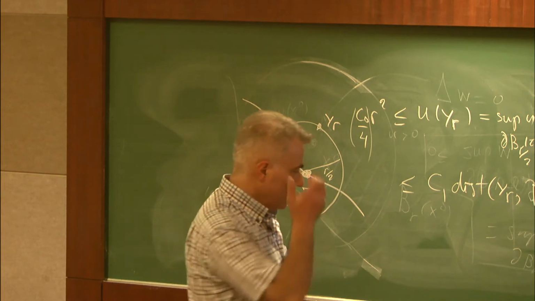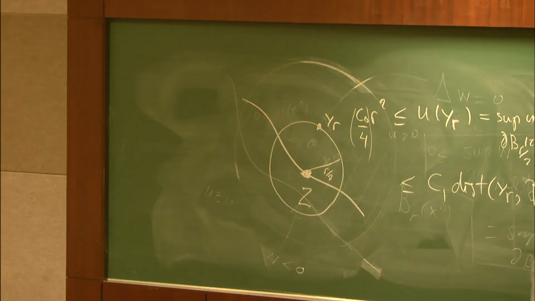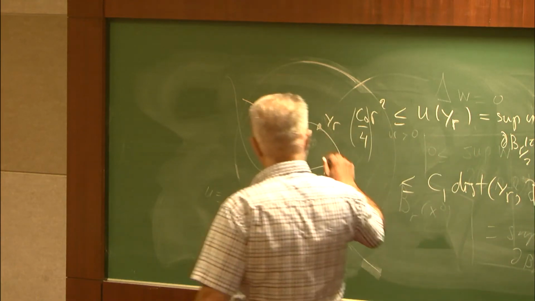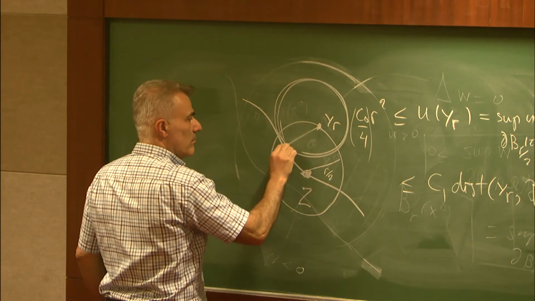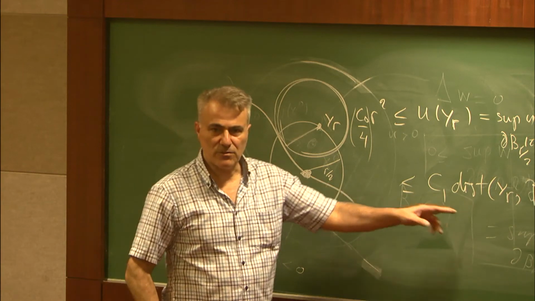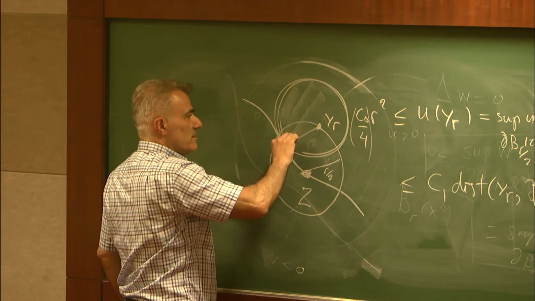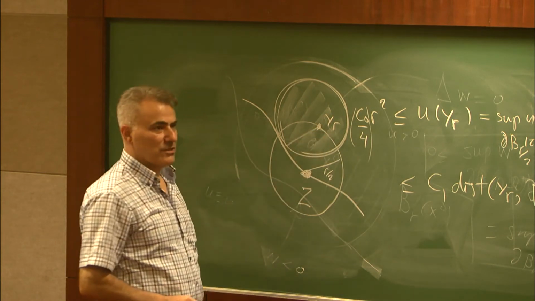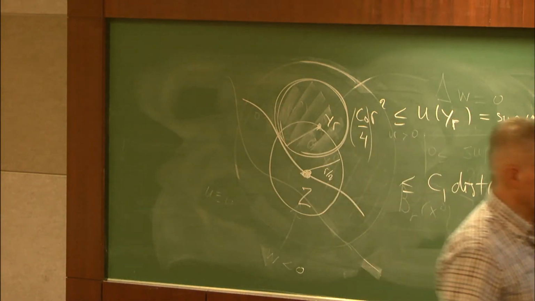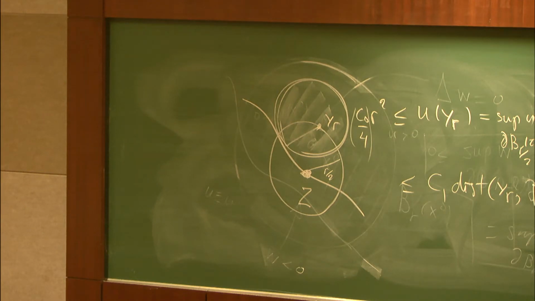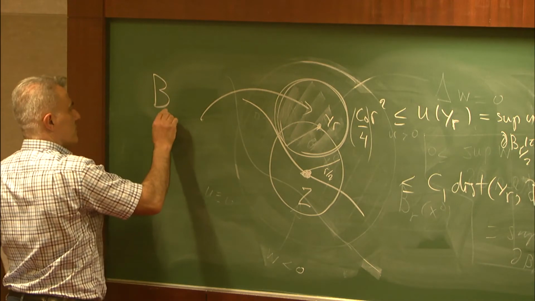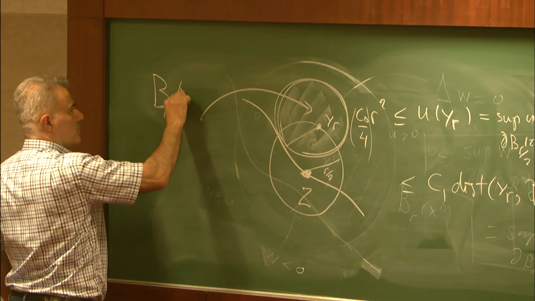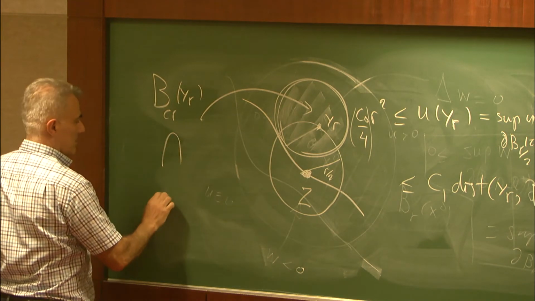It tells us that if you stand at the point y_r and go for the distance to the boundary, then this distance is larger than r, basically, up to a constant. So it means the ball of radius some constant times r around y_r is inside the set where u is positive.